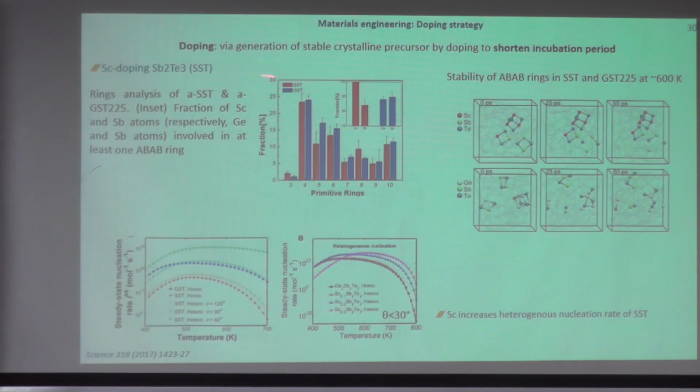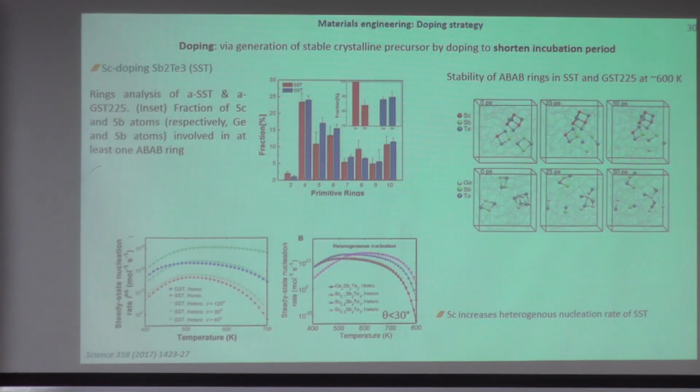This is SST, our scandium-doped antimony telluride, and this is GST. If you look at the fraction of these AP rings, you can see that for the scandium-doped material it is much larger compared to GST.